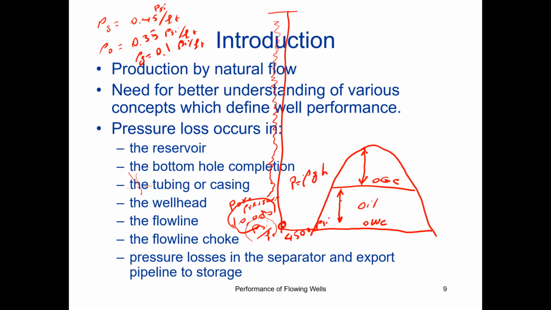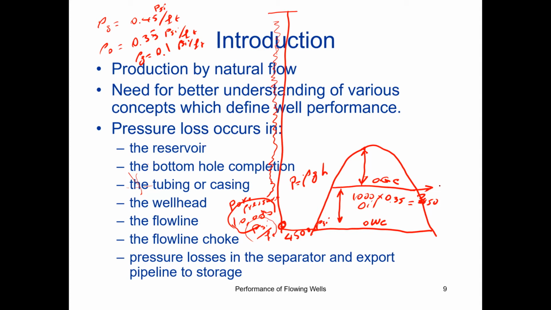So it would be 1,000 multiplied by the density of oil, 0.35, which is 350.